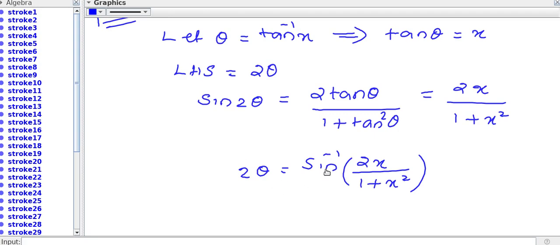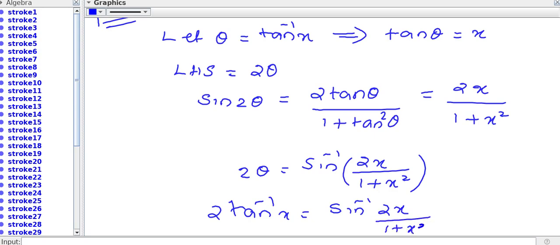What is theta? Theta is tan inverse x. So 2 tan inverse x is equal to sine inverse 2x by 1 plus x square. Okay, so this is also very simple.